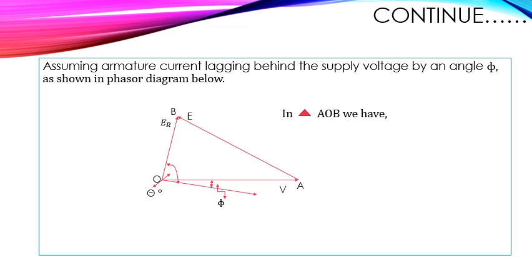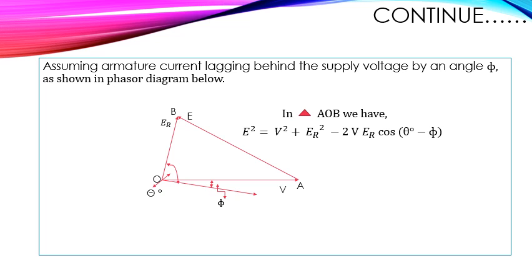Then accordingly show the vector for ER, that is impedance drop IZ, and then the resultant will be the E. According to this phasor diagram, the resultant E is equal to the square root of V square, that is the reference, plus ER square minus the product of VER multiplied by 2 and then cos of (theta degree minus phi).